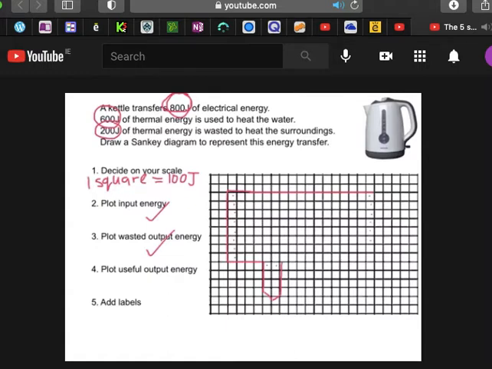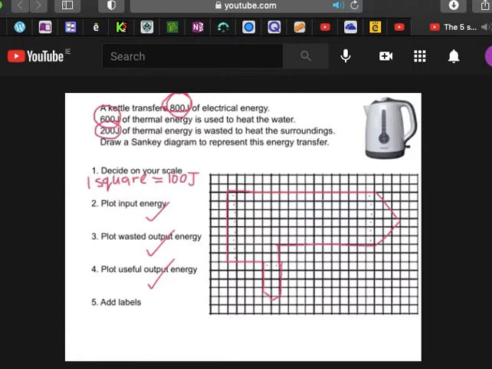So the bottom of our arrow needs to be there. Then we can draw our arrow. Last thing that we need to do is just the finishing touches. And draw that line up to there and that line up to there. So we plotted our useful output energies.